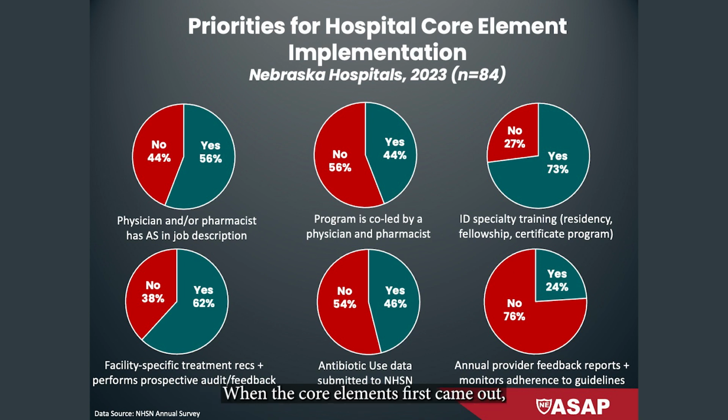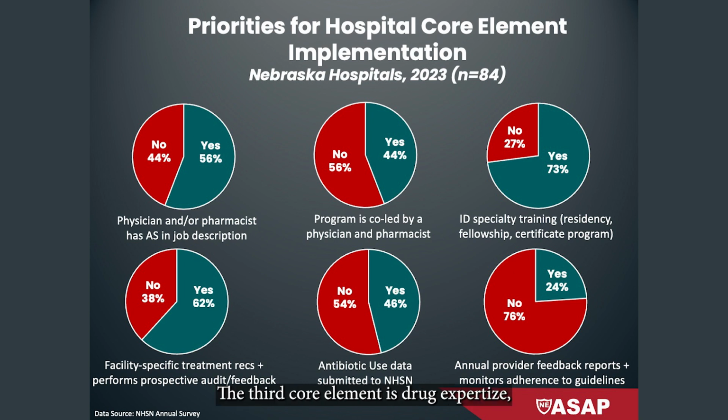When the core elements first came out, it seemed like the responsibility to lead the program was largely put on the pharmacists, and I think that's kind of where it's stayed ever since. And so they're really trying to promote the physician to get more involved, not just showing up to your committee, but taking some leadership accountability to co-lead the program. So I think we have a ways to go there.